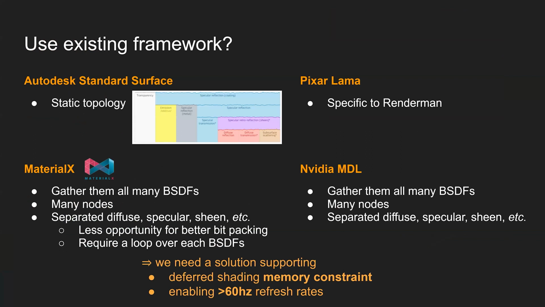And so when we started to look at that project, we looked briefly at what the industry looked like, and whether there was any standard that would fit us. We briefly looked at the four major ones, which were at the time the Autodesk Standard Surface, which is probably the closest one, where the core concept is what is appearance. It's a mix between the Autodesk and the Pixar Lama with all the operators.